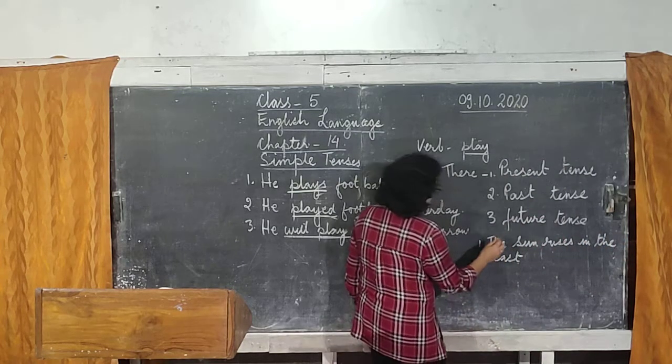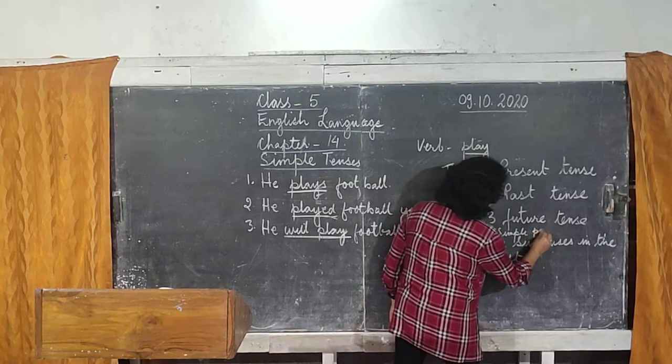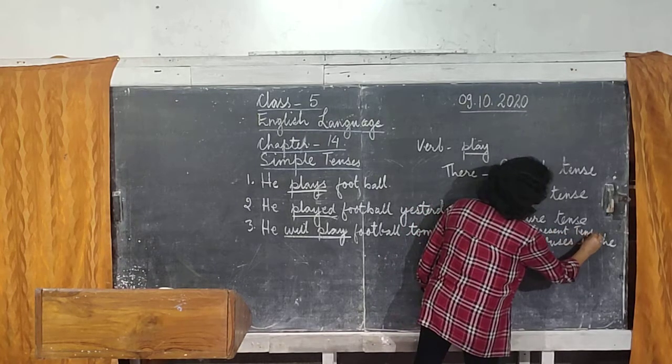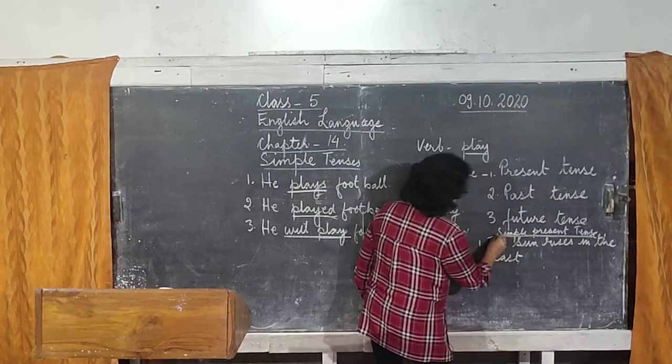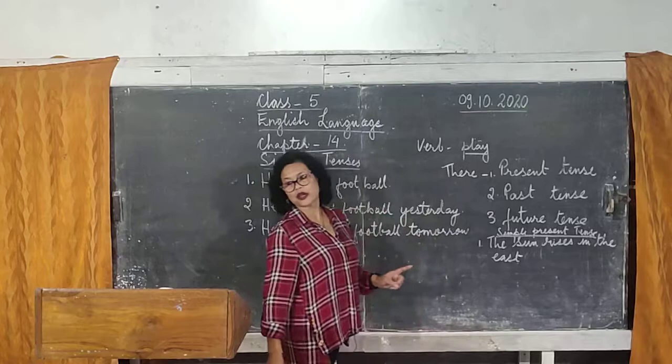Okay, this one is simple present tense. Example, this one is an example. The sun rises in the east. The first point.